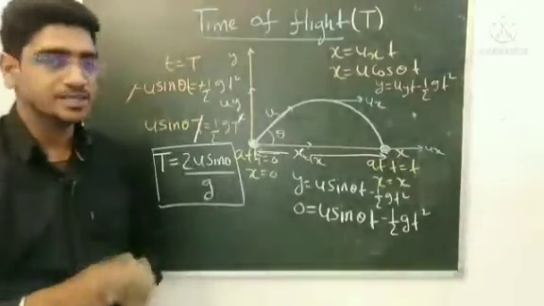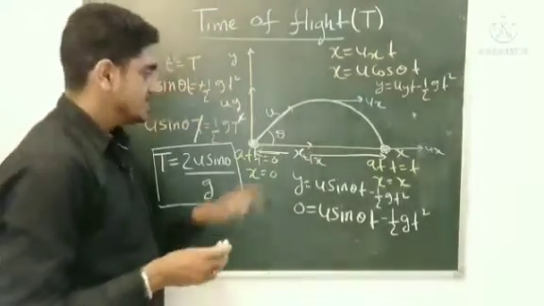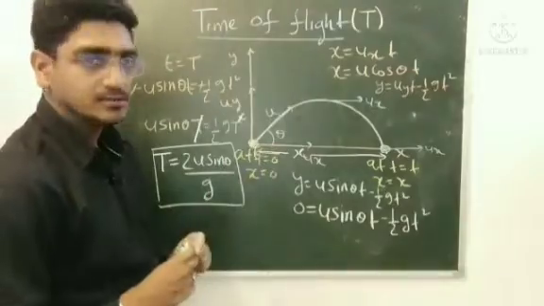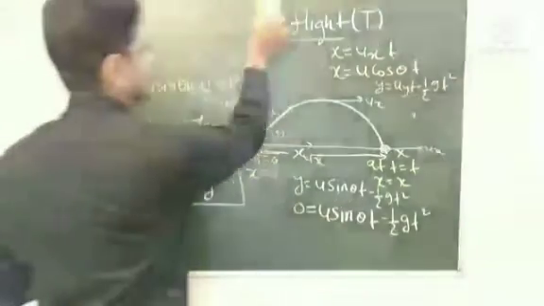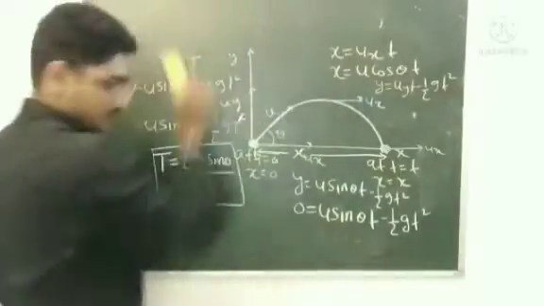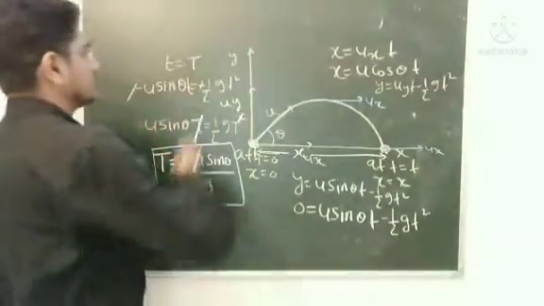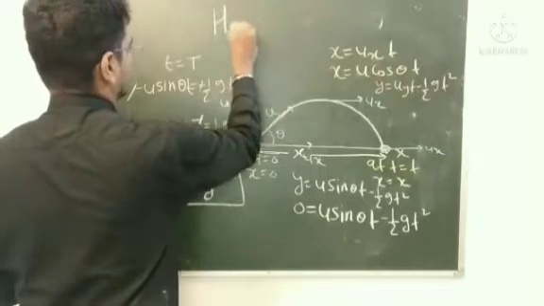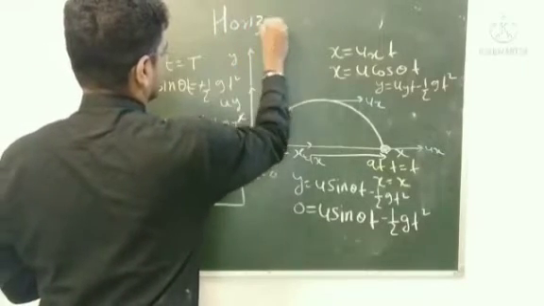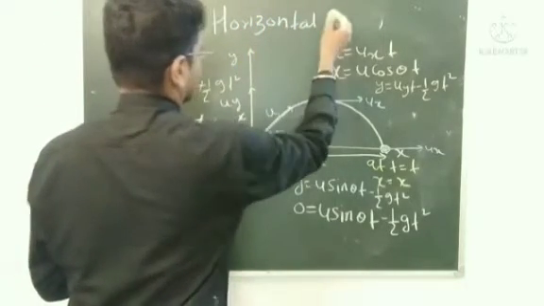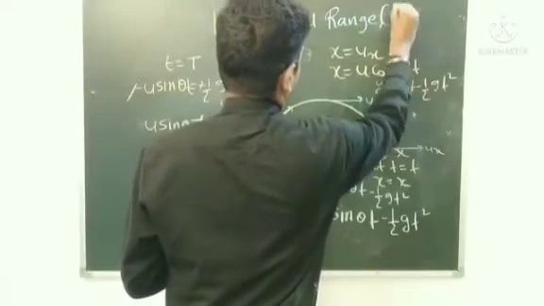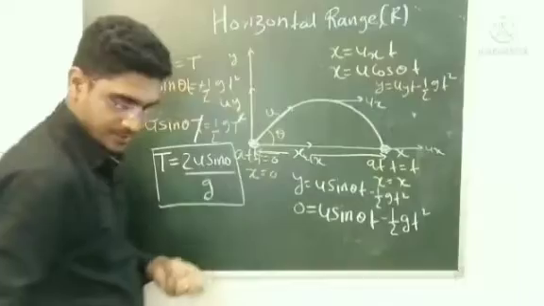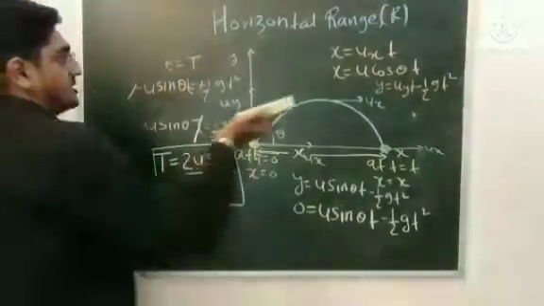This range also depends upon the angle. So let's find what is the horizontal range of the projectile. We denote it by R. So let's discuss what is horizontal range.